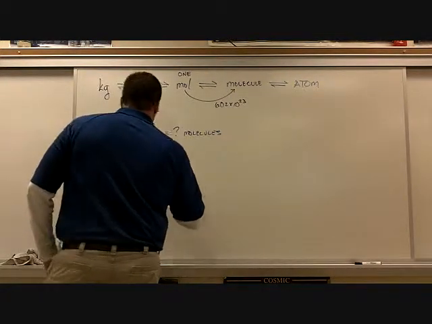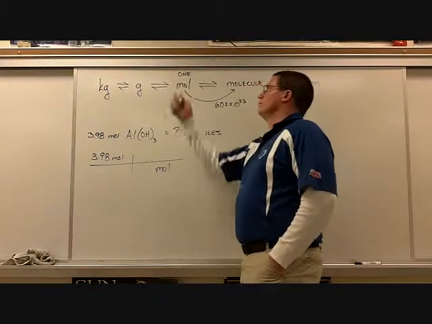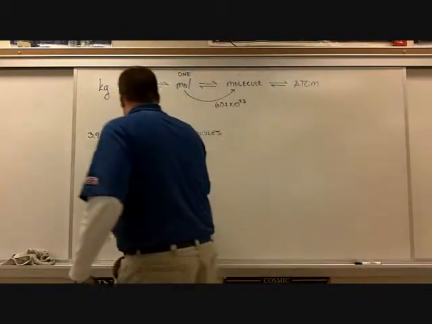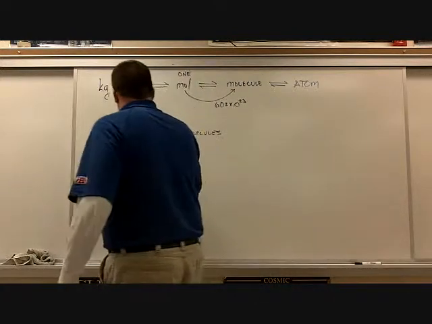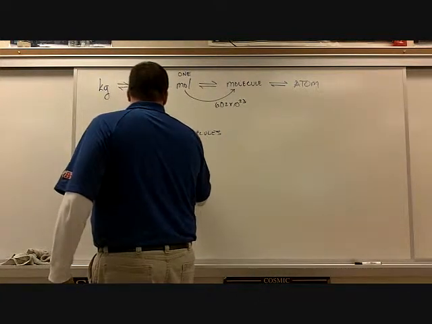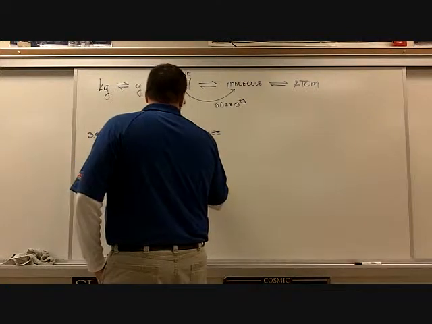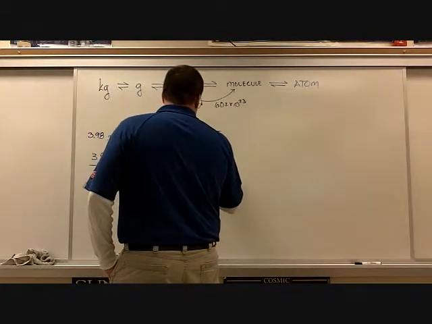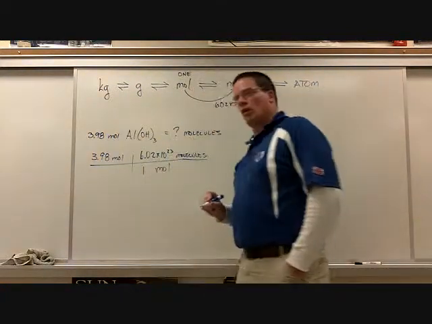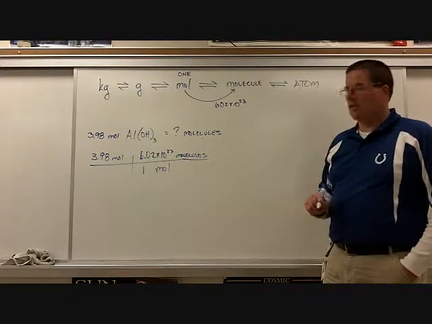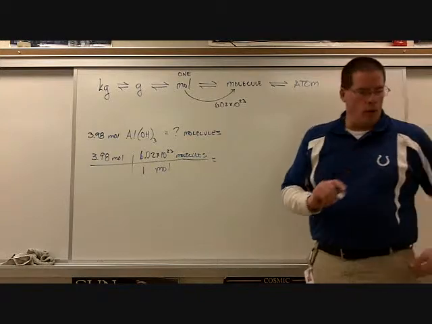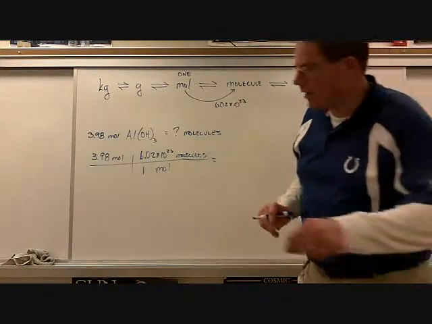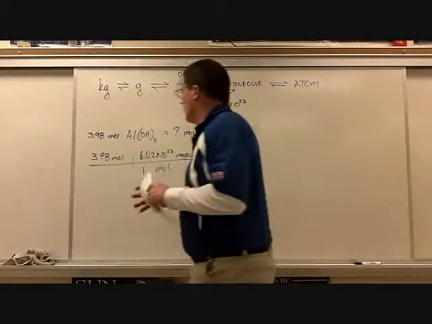What value should I have for mole? 1, good. And then how many molecules are in a mole? Isn't that fun? And what is the unit that we're looking for in our final answer? Molecules.